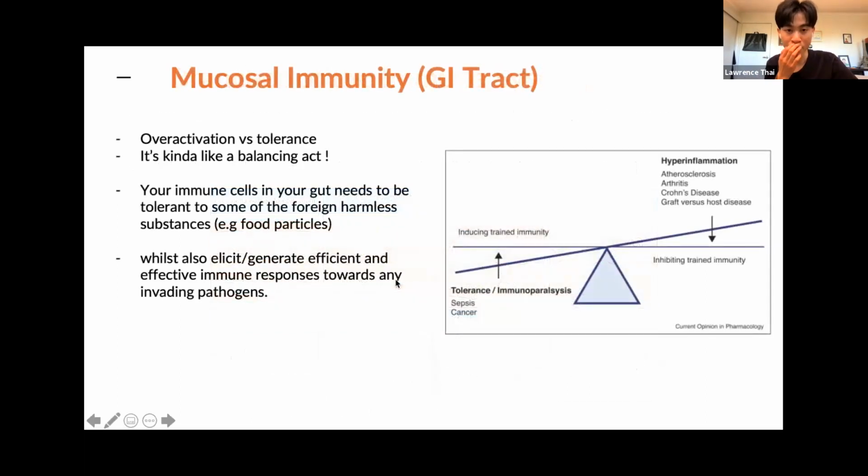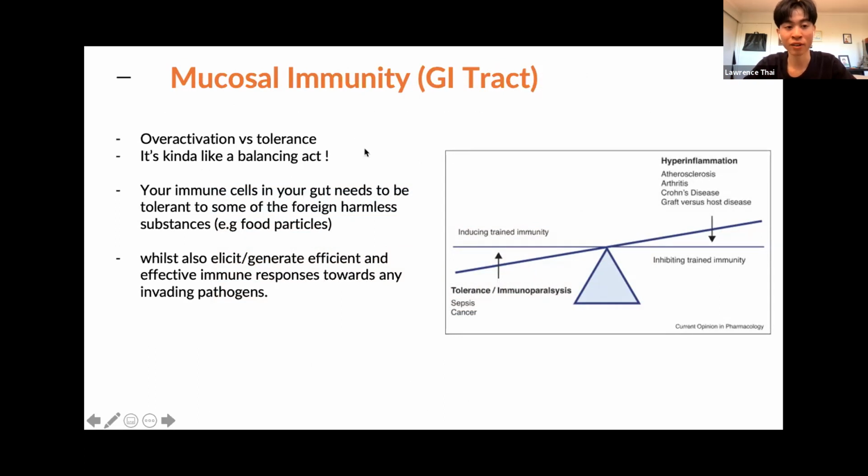Okay, so what this slide is showing you is that the immune cells in the GI tract need to be in some kind of equilibrium or balance. On one side is overactivation, much like how COVID causes that cytokine storm and the overactivated inflammation that we see in severe cases of COVID.